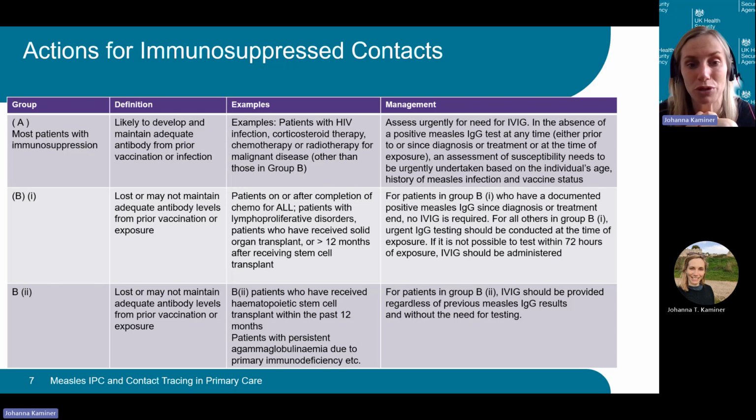If it's not possible to test within 72 hours of exposure, they should get IVIG. And lastly, Group B2 are those with the most severe level of immunosuppression. For example, those include patients who have received a hematopoietic stem cell transplant within the past 12 months. Those patients should be given IVIG regardless of previous measles IgG results and without the need for testing.